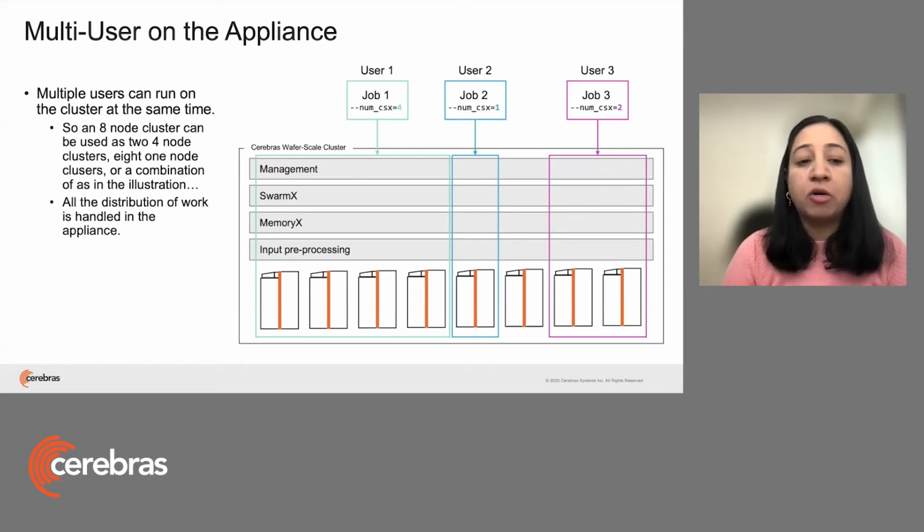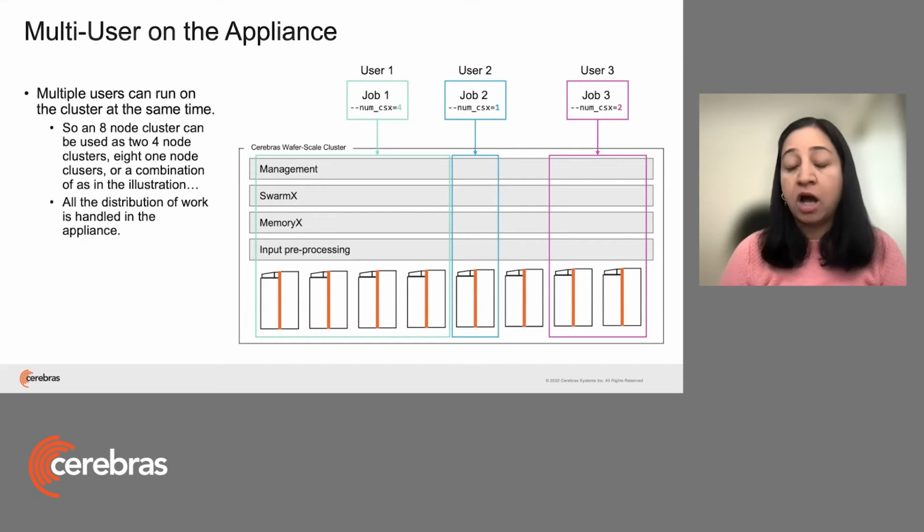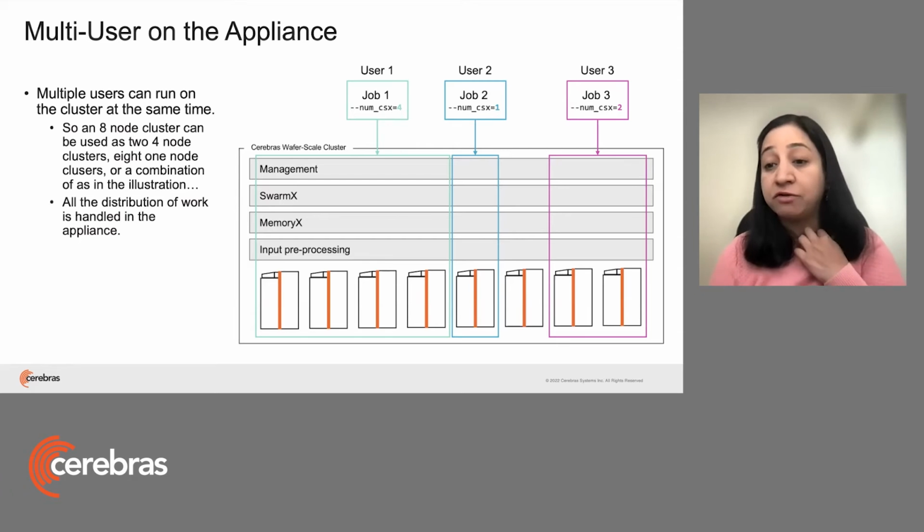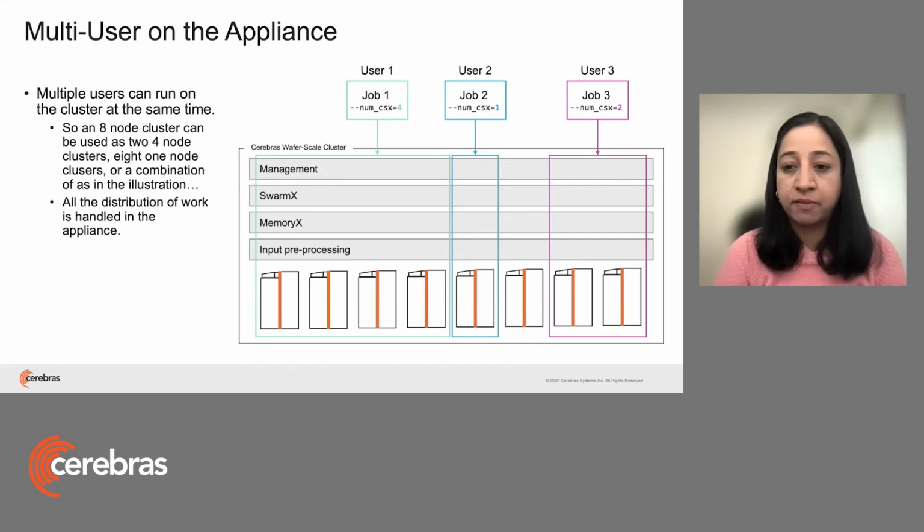But the beauty of it all is, from a user perspective, the user only needs to tell how many CS2s their workload would need. They do not have to think about which CS2s, how they are available, whether a CS2 would be sufficient for that. All the distribution of how this is handled inside appliance software is completely abstracted out from the user.